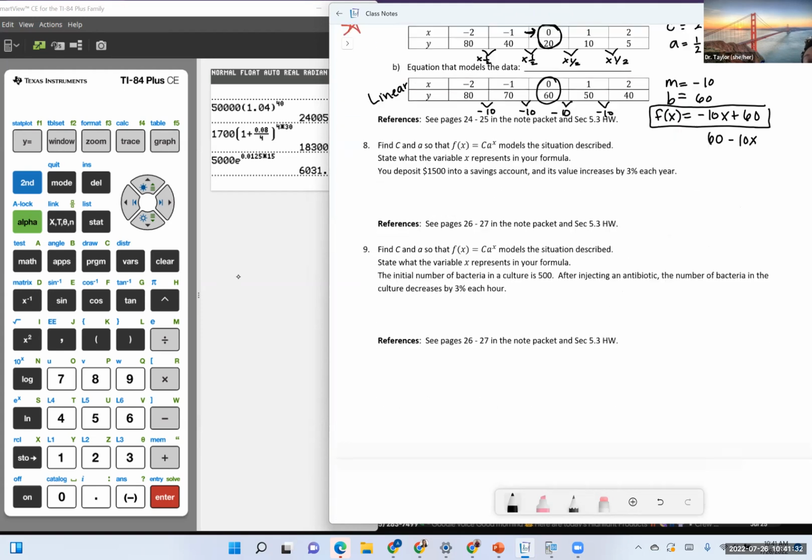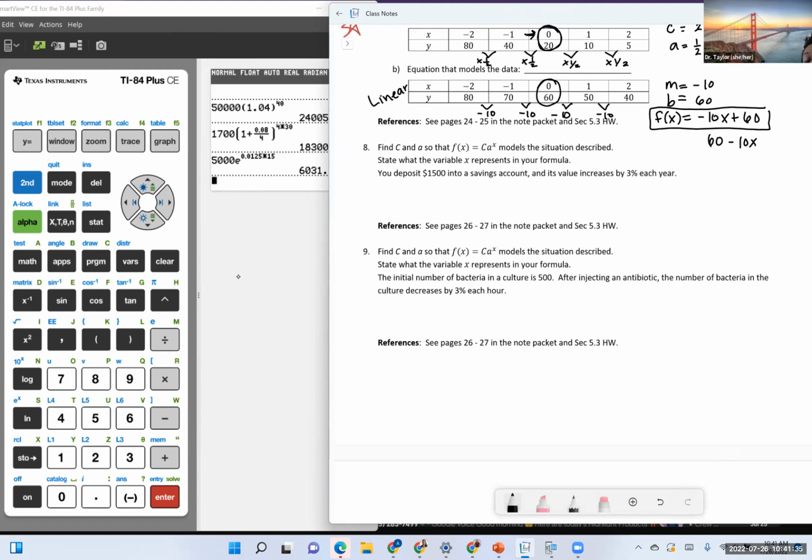Cool. All right, number 8. Here we go. Let's use this formula. You deposit $1,500 into a savings account. That's my C value, or my P if we were dealing with the interest formula. And it increases by 3% each year. So that's an increase of 3%. That's 1.03.